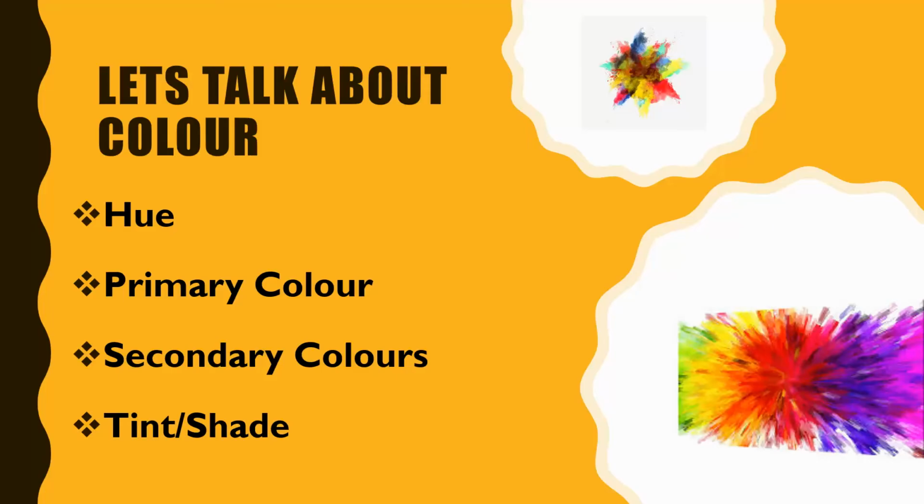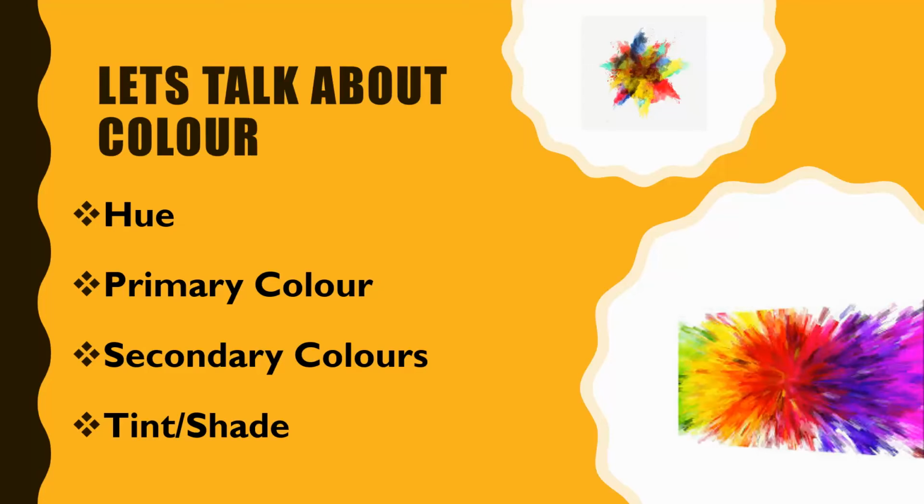So before we delve into our tasks and what we're going to be achieving, I just want to talk about the language that we use when we're talking about colour. So in the art world, we call a colour a hue. And it's a technical word for a colour. Today we're going to be talking about primary colours, which are red, blue and yellow.